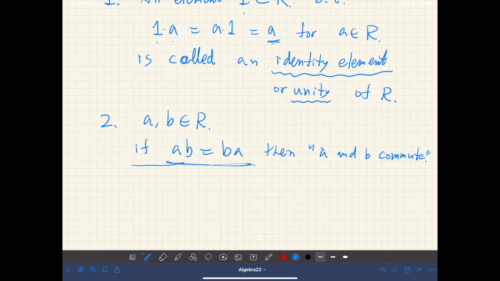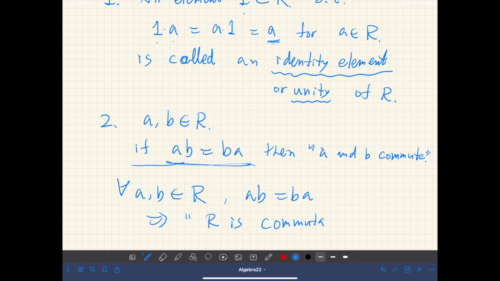So if for all elements a, b, ab is equal to ba, then we say R is commutative, or R is a commutative ring.